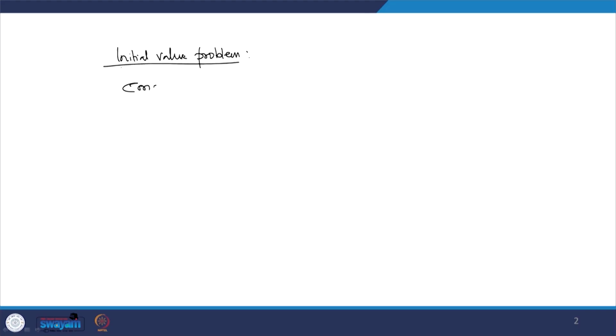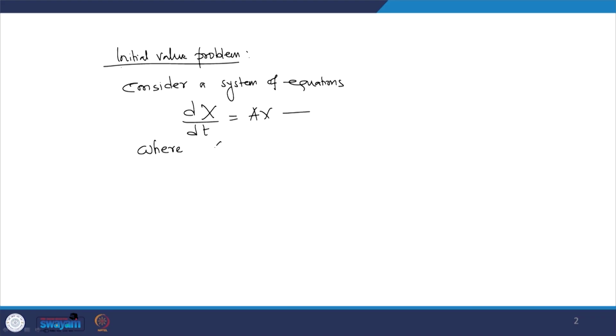Consider a system of equations dX/dt equal to AX, where capital X equals x1, x2, up to xn, and X is a function of t.